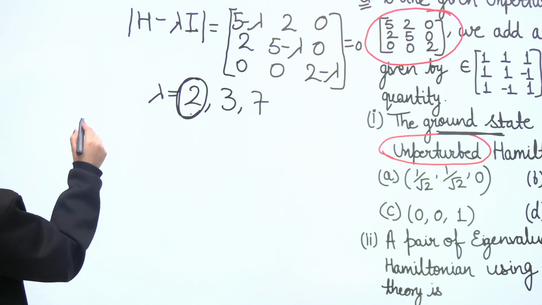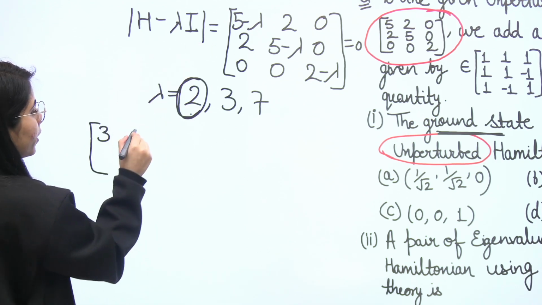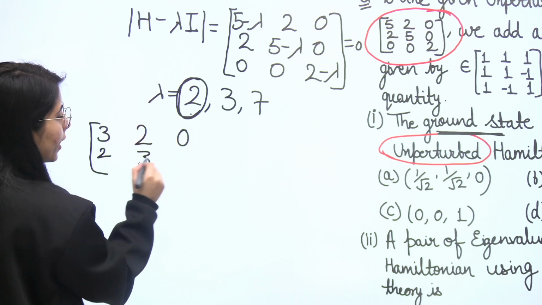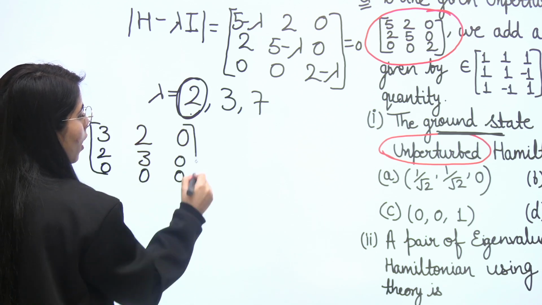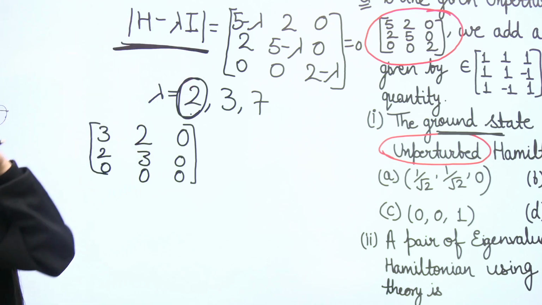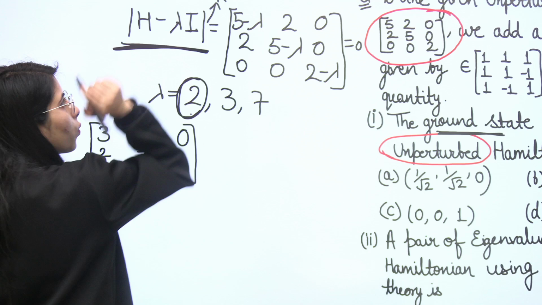What you will get from here is 5 minus 2, which is 3, then 2 as it is, then 0, then 2, 5 minus 2 is 3, 0, then 0, 0, 2 minus 2 is equal to what? 0. And this is what I have mentioned, the same term, h minus lambda I, into x, which you write here and equate with 0.